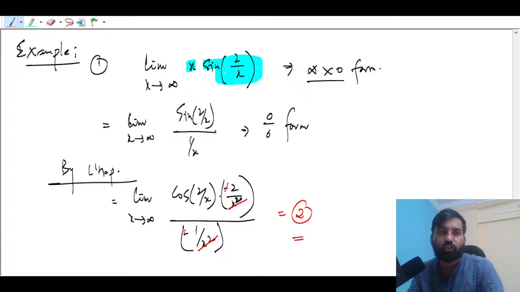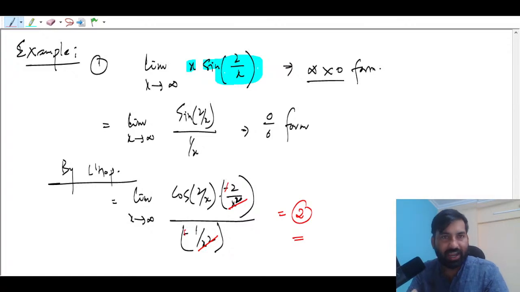So whenever you see two functions given in product, f(x) and g(x), and you have to find the limit x tending to infinity, what you have to do is convert infinity times 0 as 0 by 0, and you will get the answer like this. So I think this is clear. This is the first question that we have done. It is so simple.